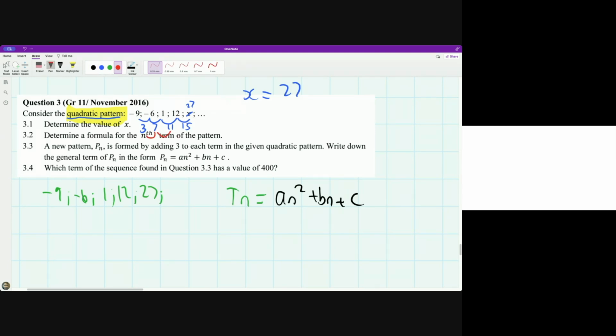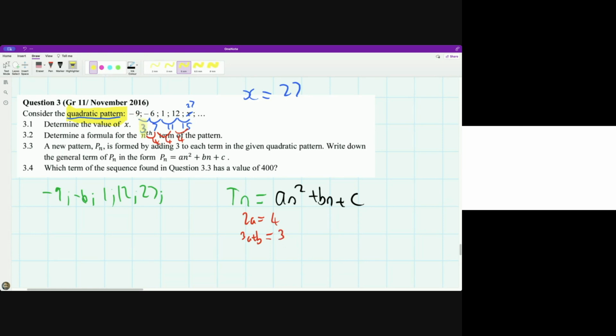So the first differences are 4, which means 2a is 4. 3a, now be careful, the first difference is actually 3.